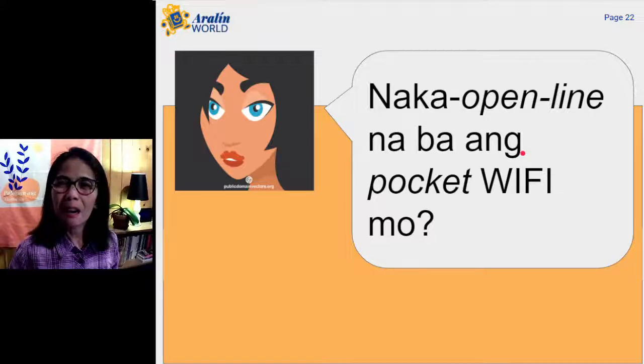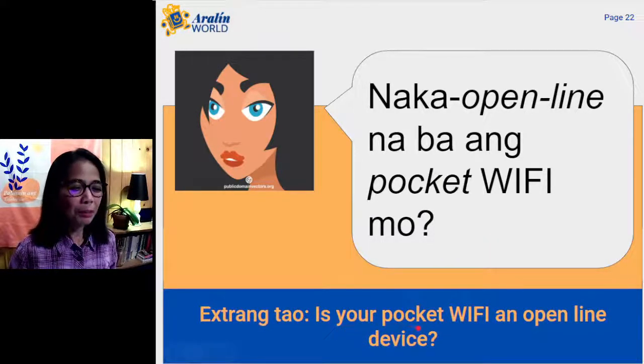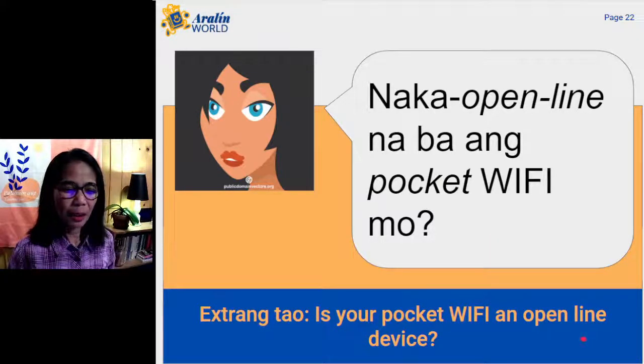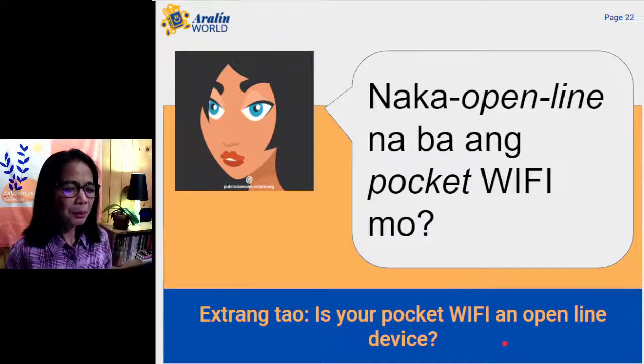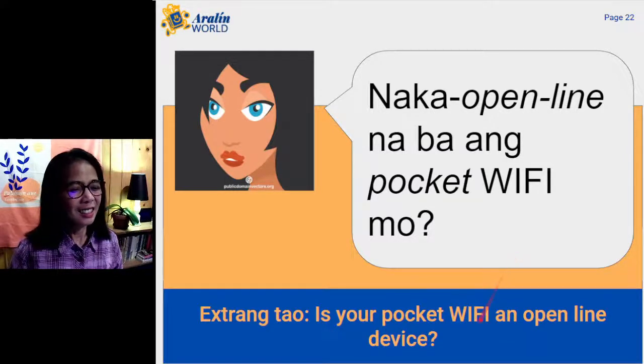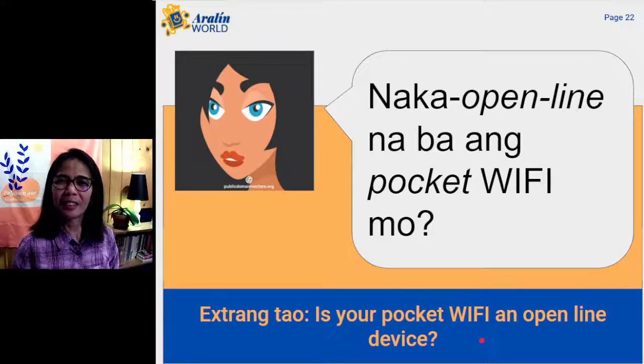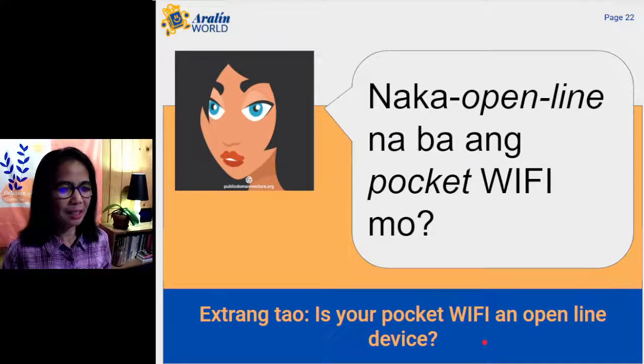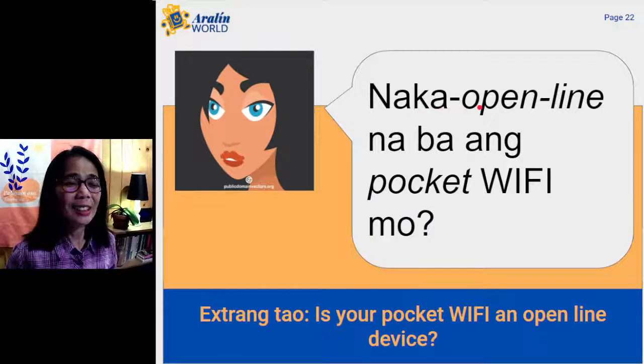And one more thing, she asked, naka-open-line na ba ang pocket Wi-Fi mo? Okay. What does it mean in English? It means, is your pocket Wi-Fi an open-line device? Bruce, did I say my English right? Yep. Good English. Okay. So it's not really a direct translation, but just an interpretation. Naka-open line. We use the English phrase open line, and of course the prefix naka.